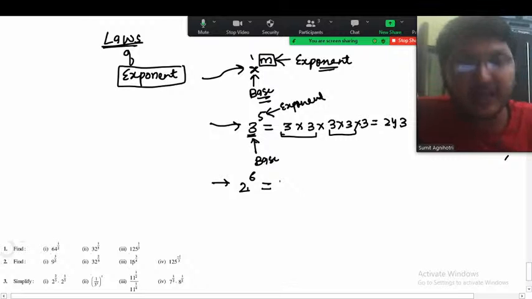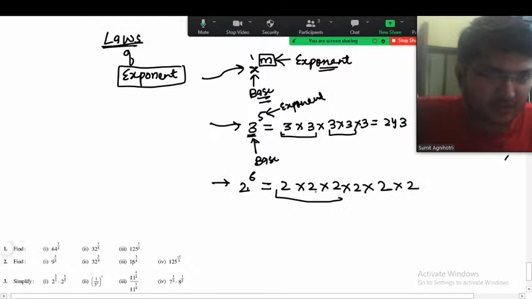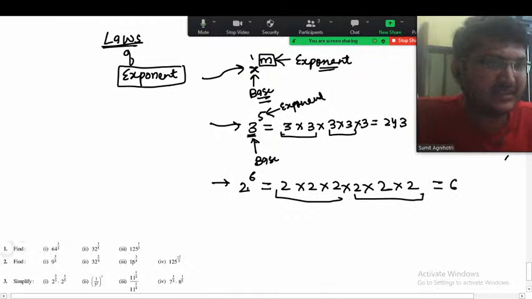It simply means I have to write 2 six times, and if I have written 2 six times, I can multiply. We can multiply like this: 2 times 2 is 4, 4 times 2 is 8, and then 2 times 2 is 4, 4 times 2 is 8, and 8 times 8 is actually 64.